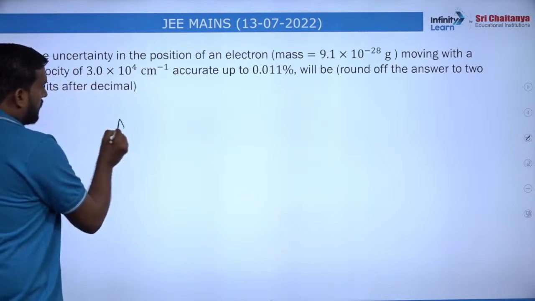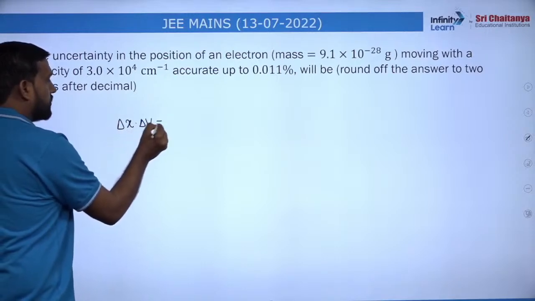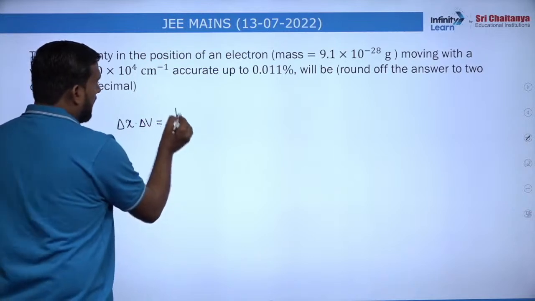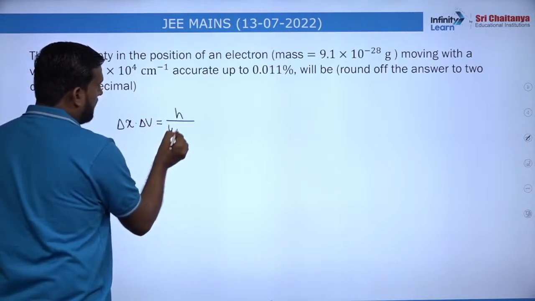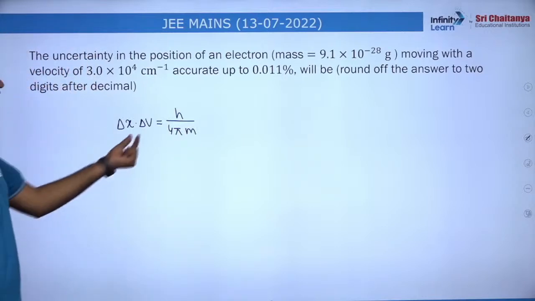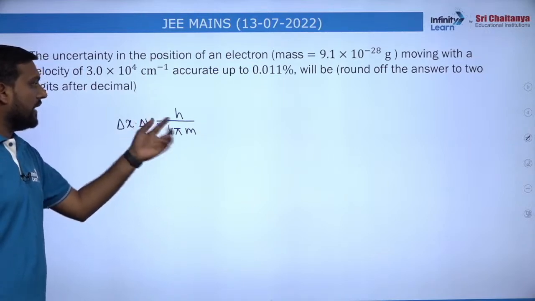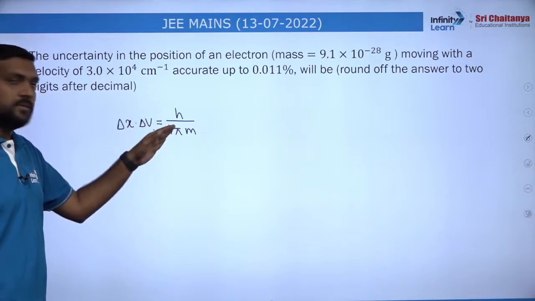We know the equation looks like this: delta x into delta v is equal to h upon 4 pi m. We use the equal to sign when we have to find the maximum or the minimum value.